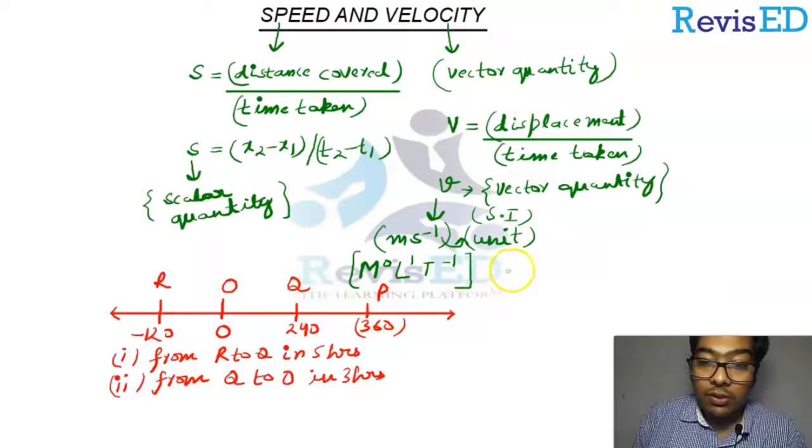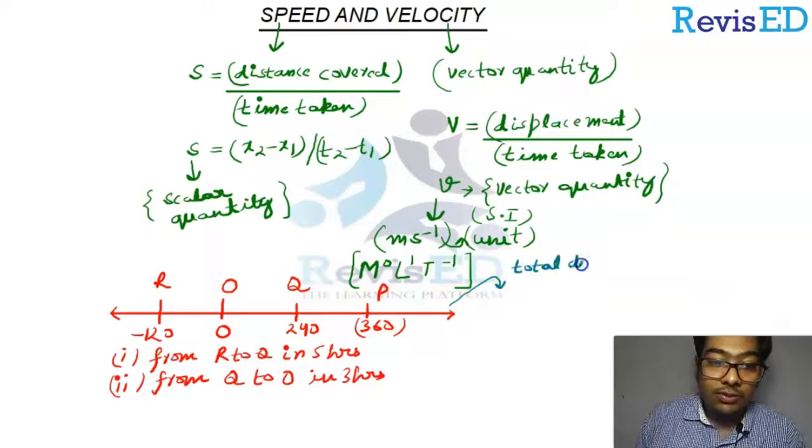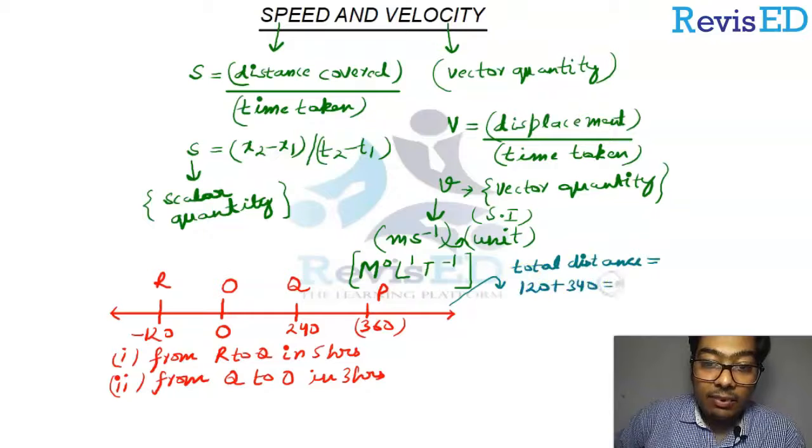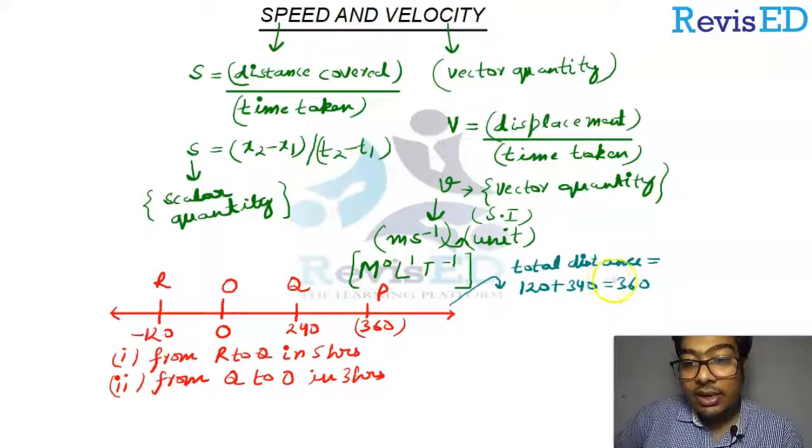The total distance from R to Q is moving in the positive x direction, so this will be taken as 120 plus 240, so total distance will be 360.